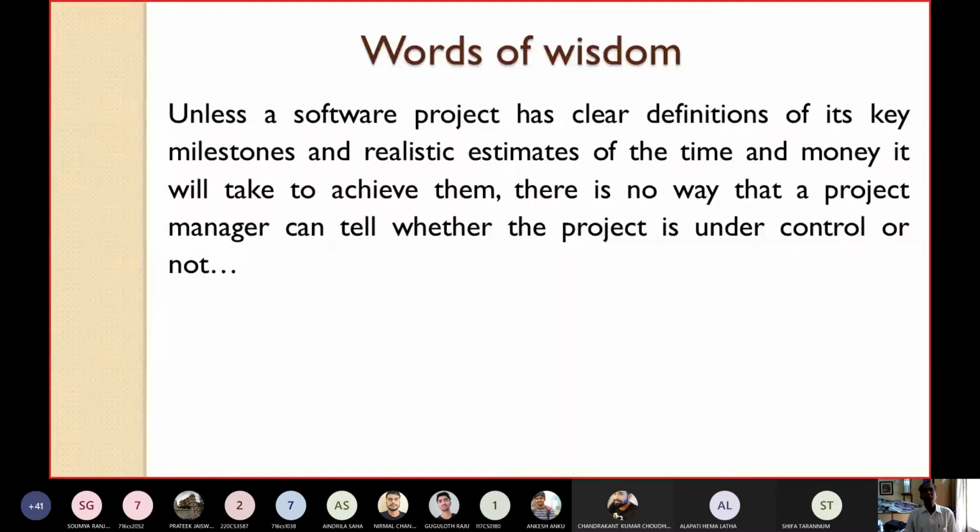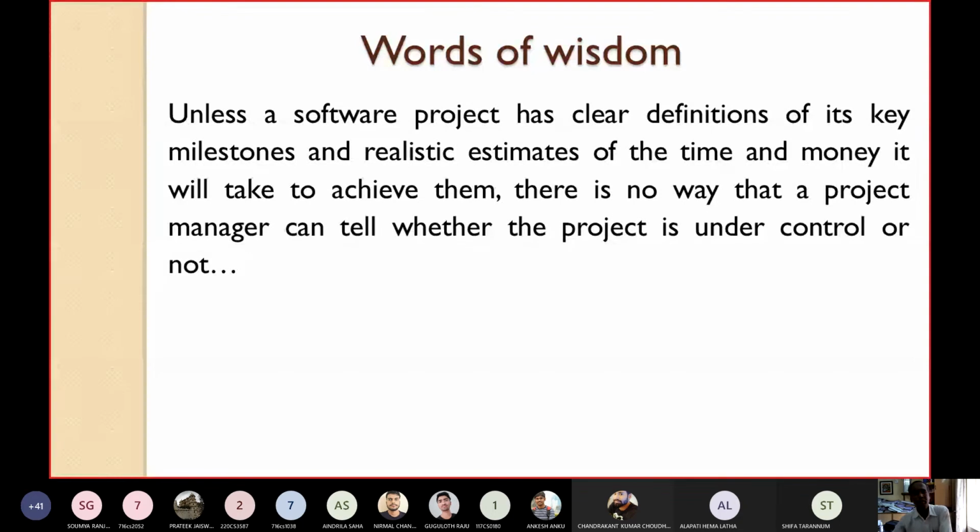Okay, finally we'll look at these words of wisdom. Here it's saying that unless a software project has clear definitions of its key milestones and realistic estimates of the time and money it will take to achieve them, there is no way that a project manager can tell whether the project is under control or not. So if a manager wants to know whether the project is under his control or not, how will he be sure?